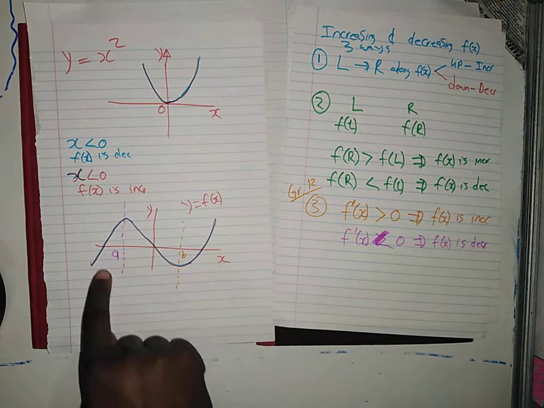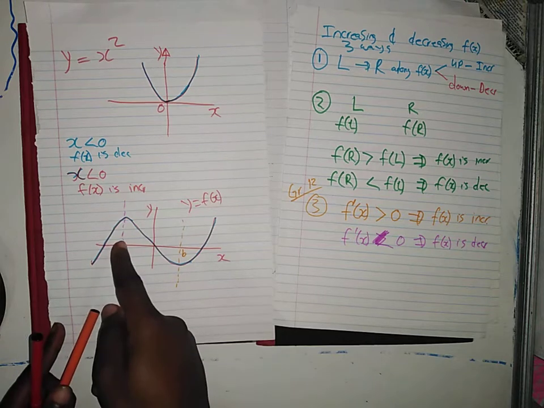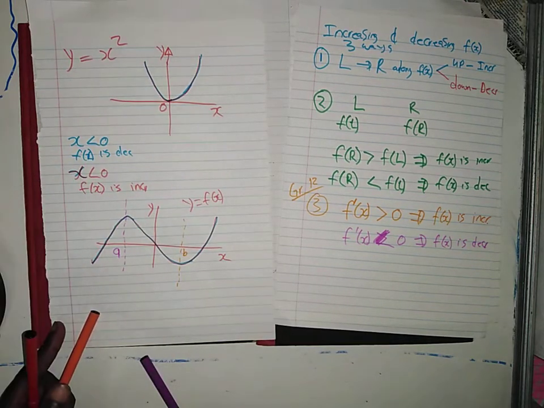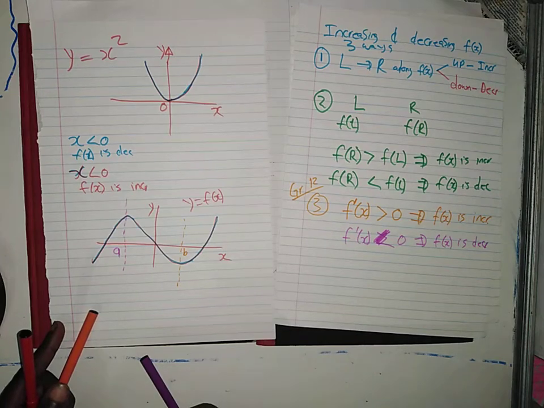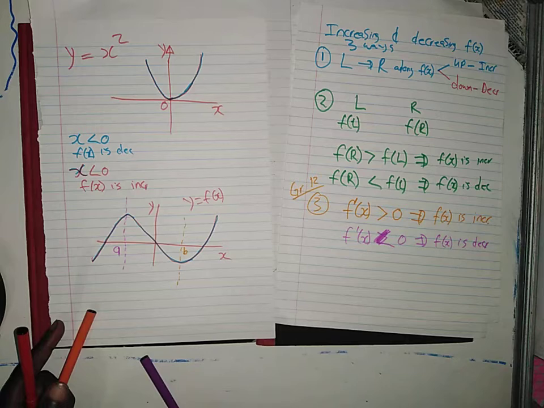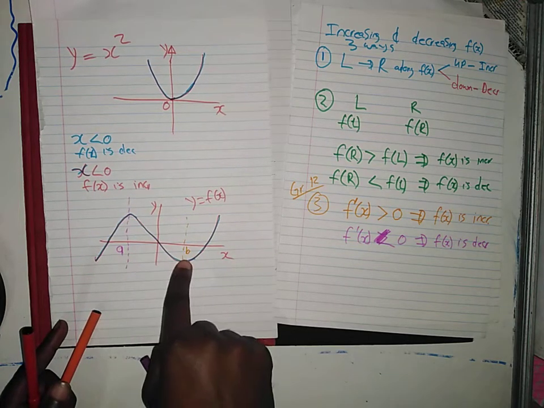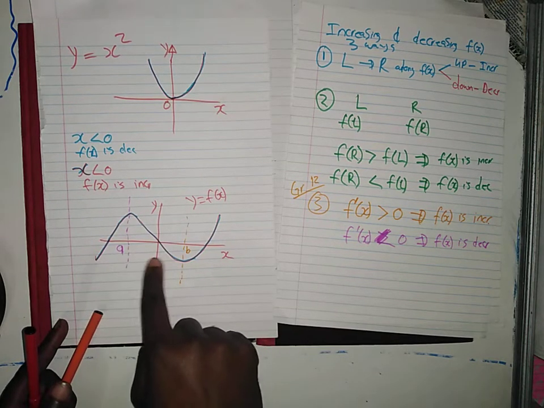So, in this interval from A going to negative infinity, what is happening? f at x is decreasing. And then between A and B, what is happening? Here it was increasing, so here it is decreasing.